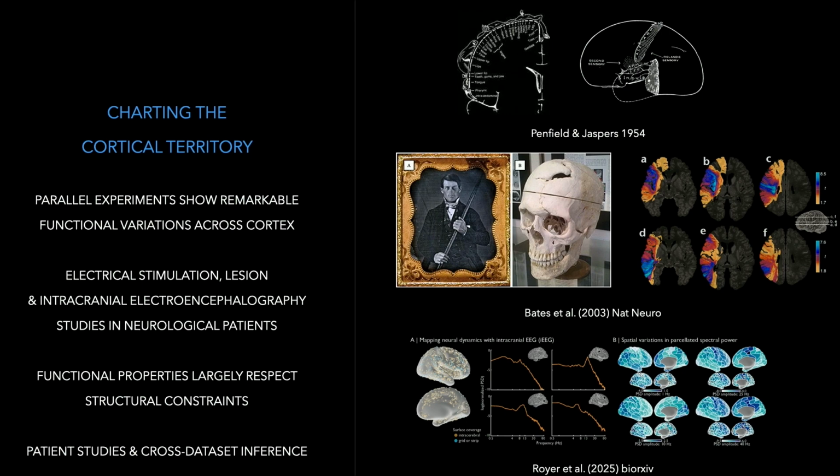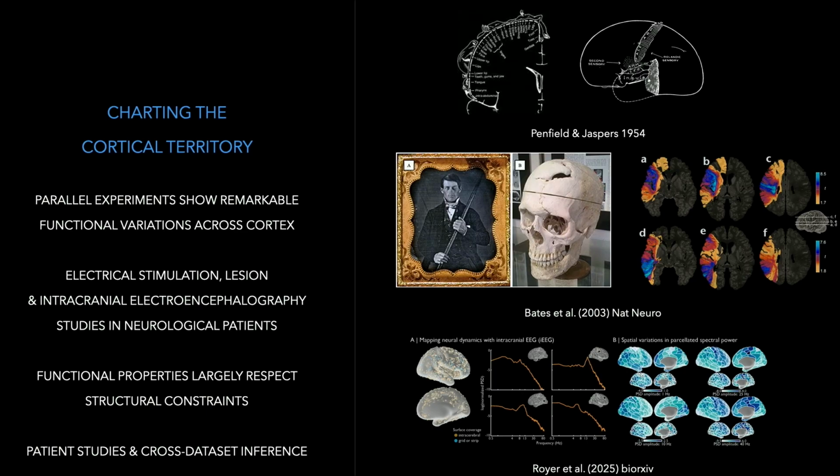Then there was a parallel set of studies that tried to demonstrate that functional properties also vary in space across the cortex. Most of you are familiar with the homunculus shown on the top, from Penfield and Jasper, derived from intracranial electrical stimulation studies. Everyone knows Phineas Gage, or the foundational work with patients that had brain lesions, trying to find links between different brain regions and functions.